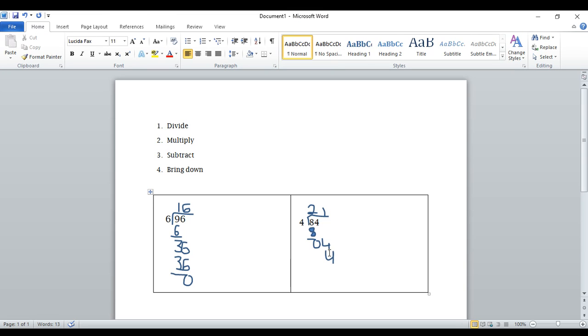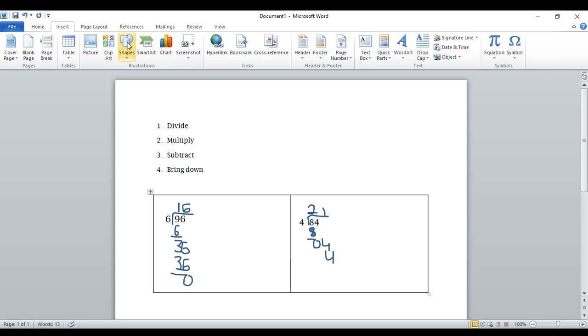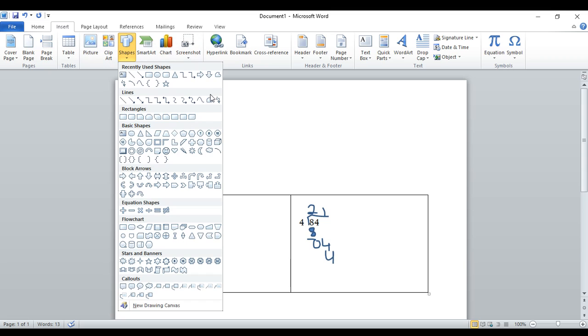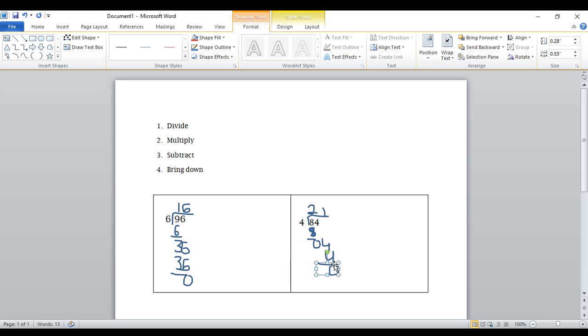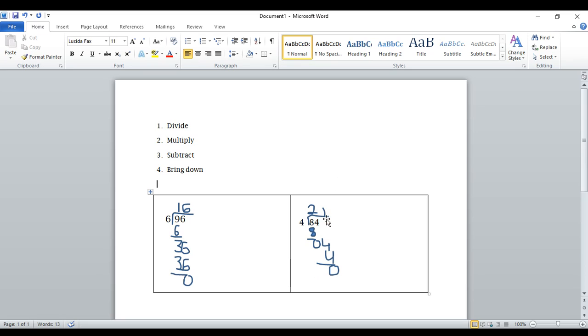And when we do that, we are going to say 4 minus 4 is 0. And we're going to look back up here and say, do I have any more numbers to bring down? I don't. So I'm finished. So 84 divided by 4 is 21.